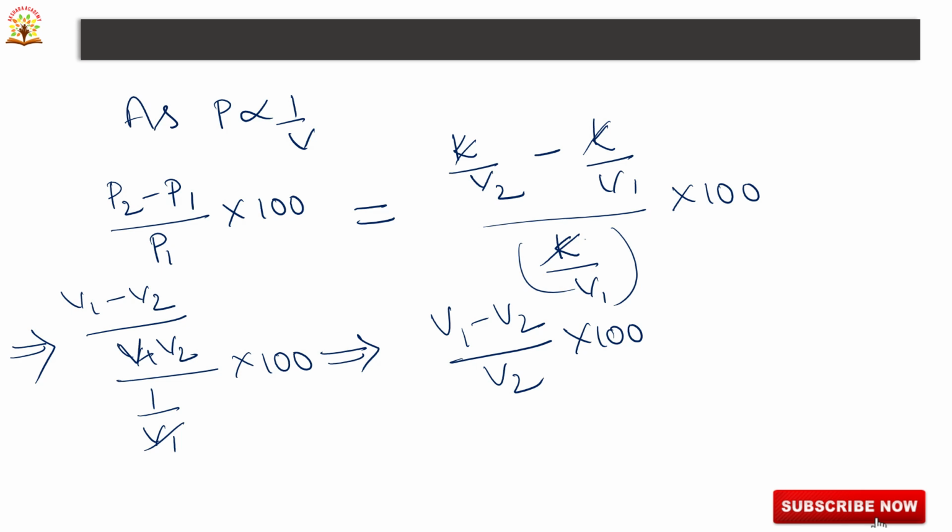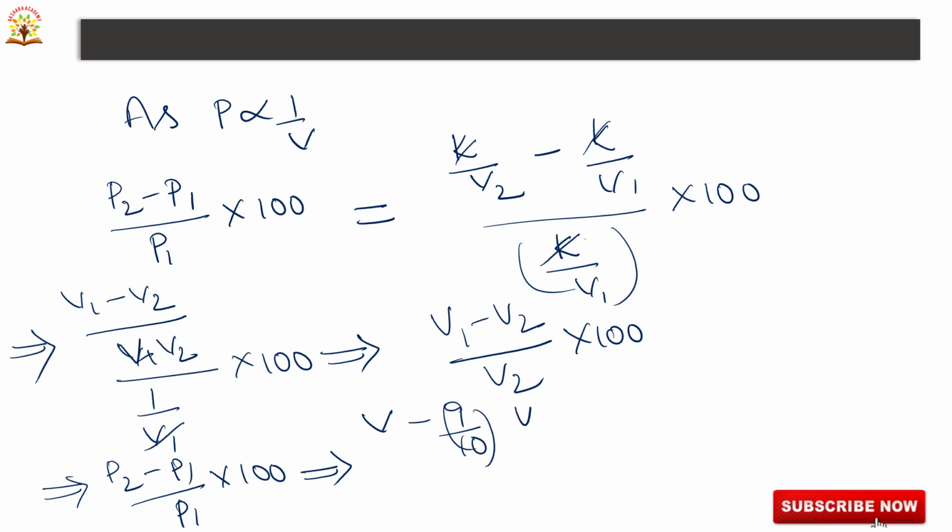V2 is 9 by 10 V. So P2 minus P1 by P1 into 100 implies V1 is V, and V2 is 9 by 10 of V, so V minus 9 by 10 of V, by 9 by 10 of V. Here we are taking the entire common.